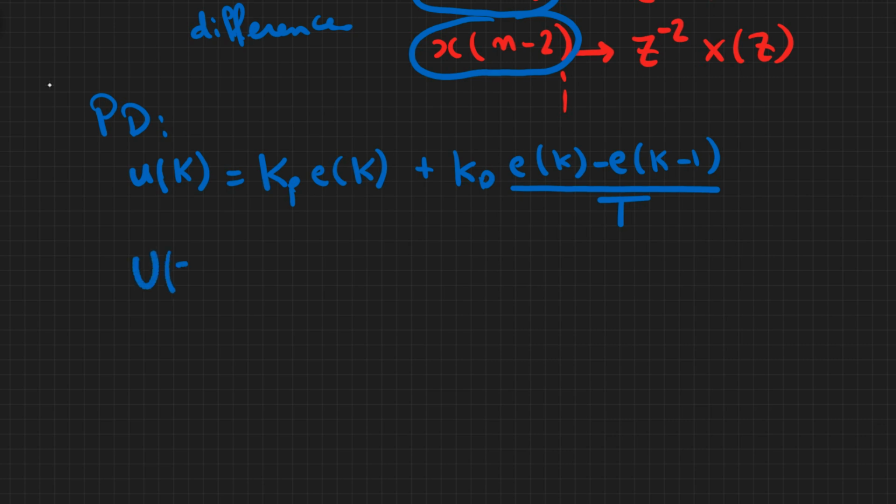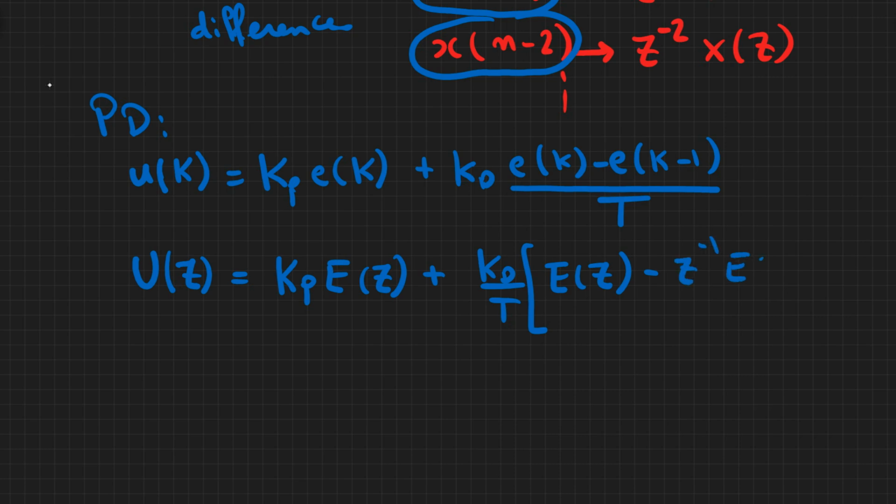If we take the Z transform of this equation, it's going to be equal to kp times e of z plus, taking kd over t as a common factor, e of z minus z inverse multiplied by e of z.